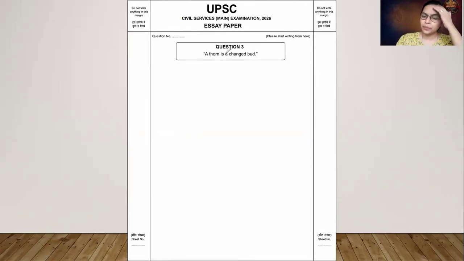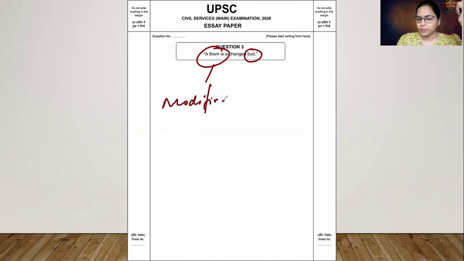Question number 3: a thorn is a changed bud. So this is a metaphor, a thorn and a bud. If you know from biology, what is a thorn? A thorn is a modified form of a stem or a bud.